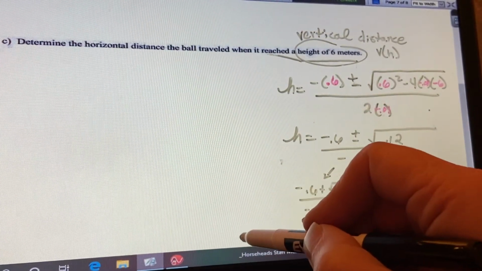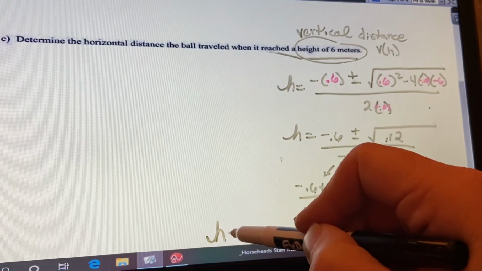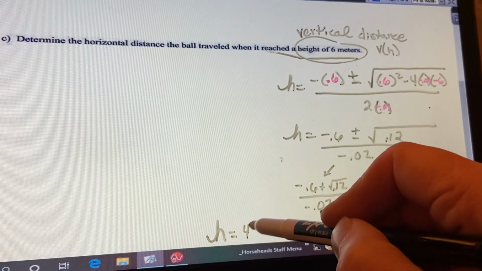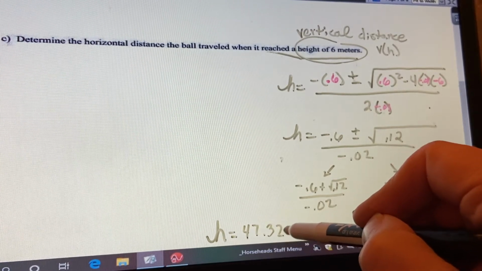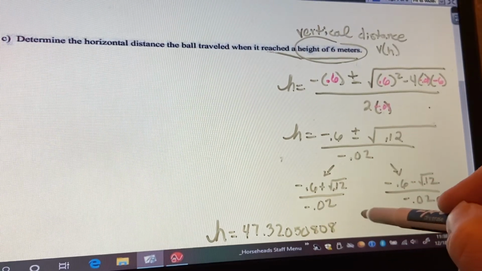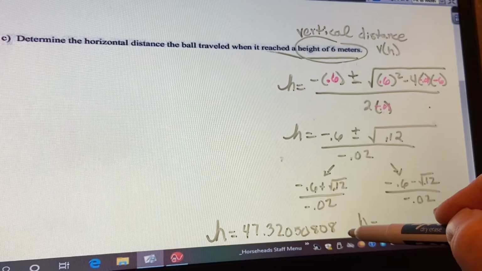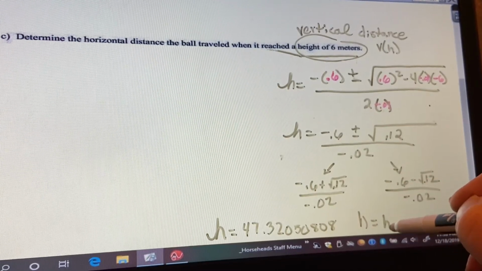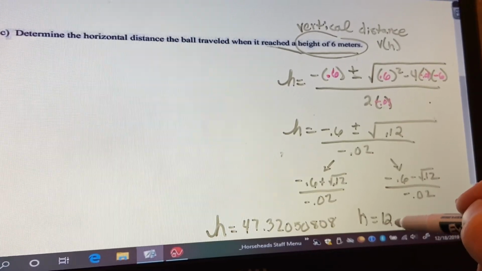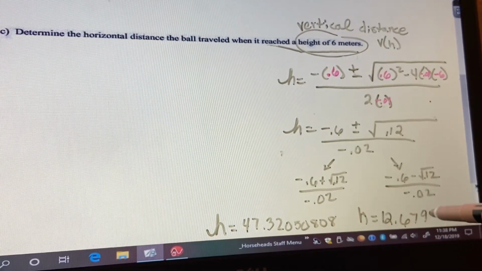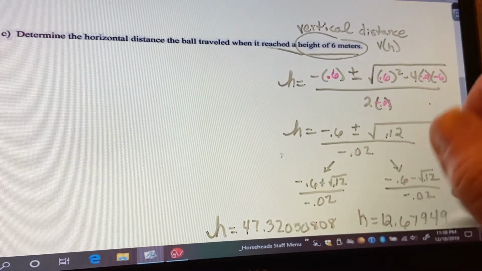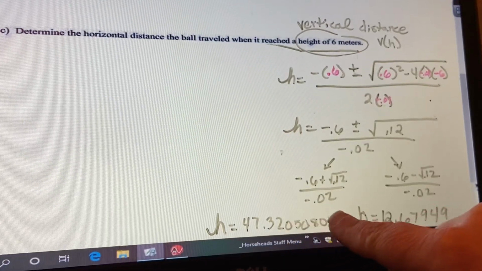And you will get H equals 47.32050808, and the other one, H equals 12.67949. That's what your calculator would give you.